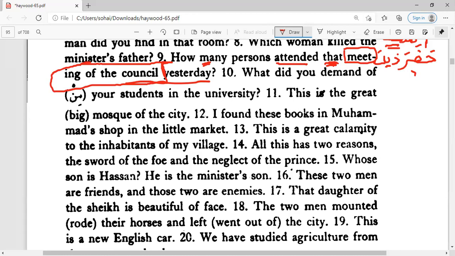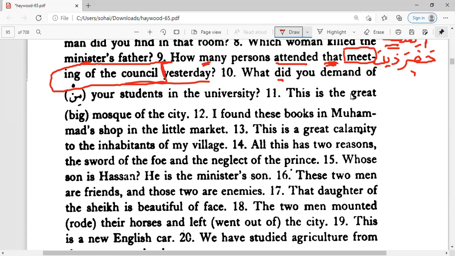Okay, number 10. What did you demand of your students in the university? Are you there? Yes. What did you demand of your students in the university?